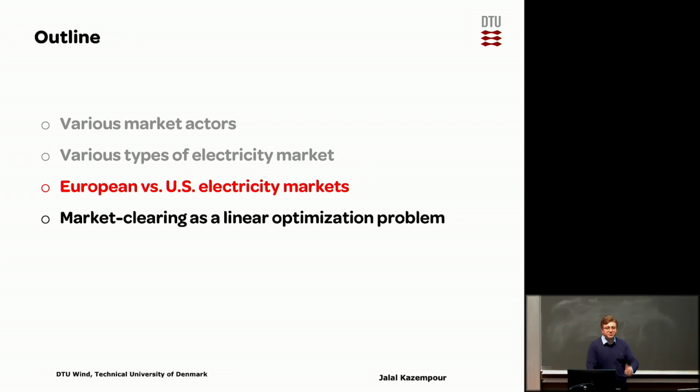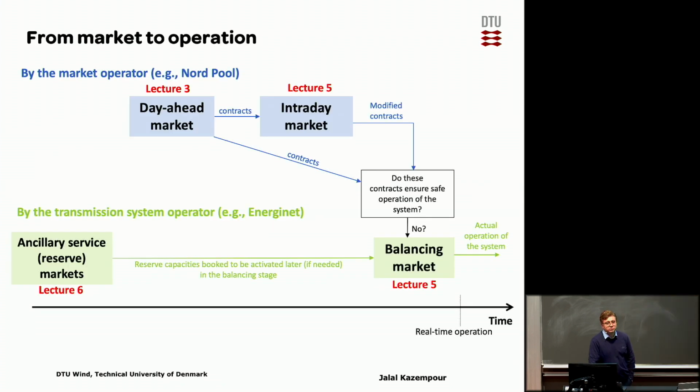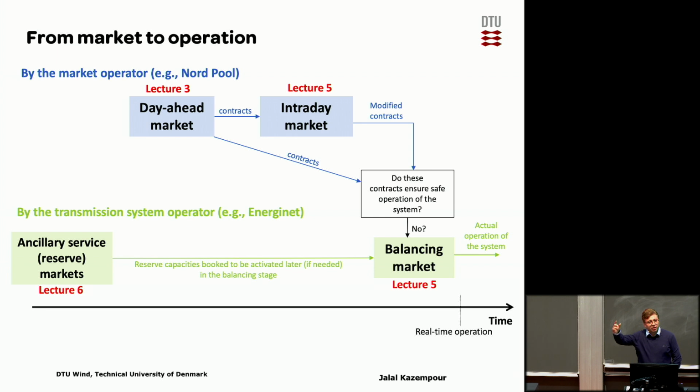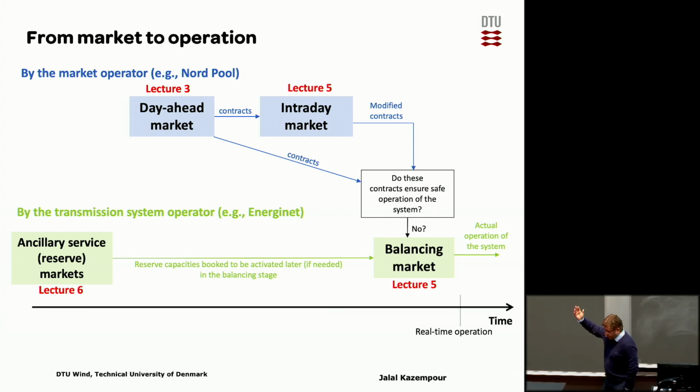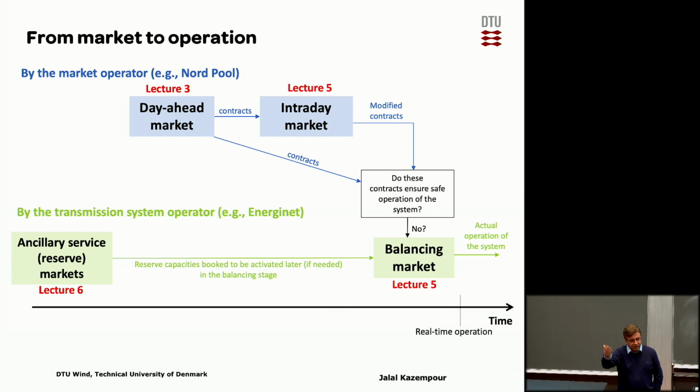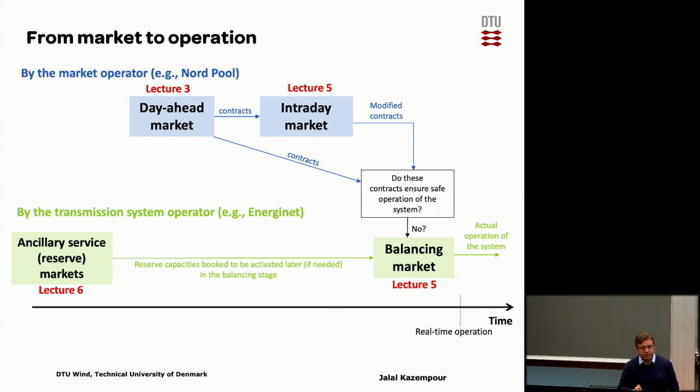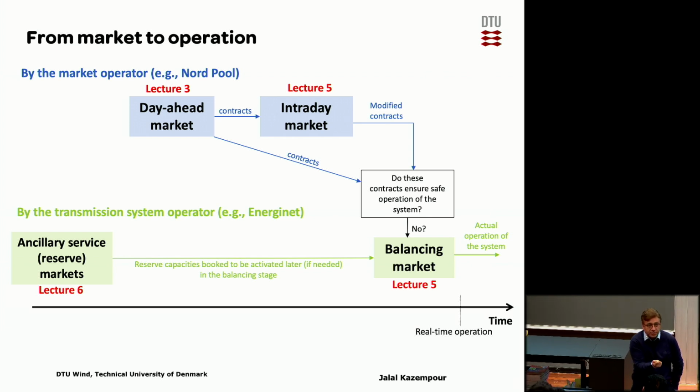Yes? Does the inclusion of capacity market affect the price that is used in the day-ahead market or the balancing market? Which capacity market you mean? I mean, for long-term purposes. The capacity market you talked about before the break. Yeah, the one that we don't cover. Country by country it might be different, but it's based on what you offer in day-ahead and intraday markets. If you are available, just for your availability, you get a compensation.